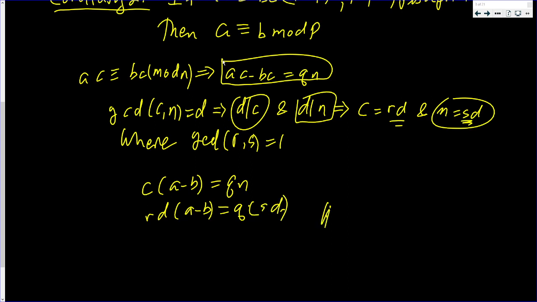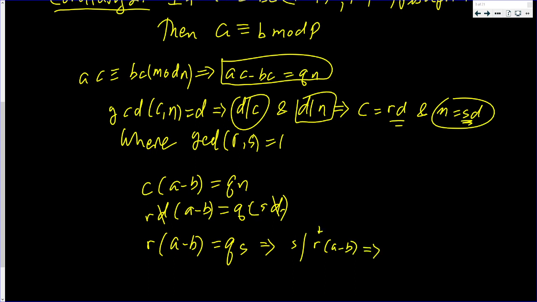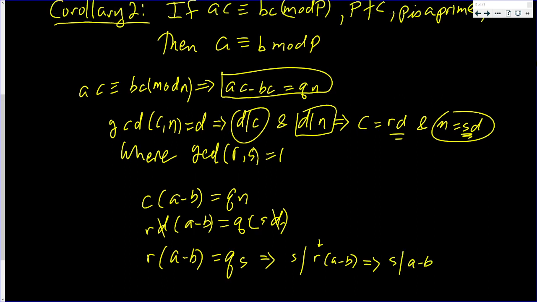And it turns out that both sides have a factor of D. We can cross out D. So what we have is R times A minus B is QS. Well, that means that S divides R times A minus B. But R and S have no common factors other than 1. That implies that S divides A minus B.